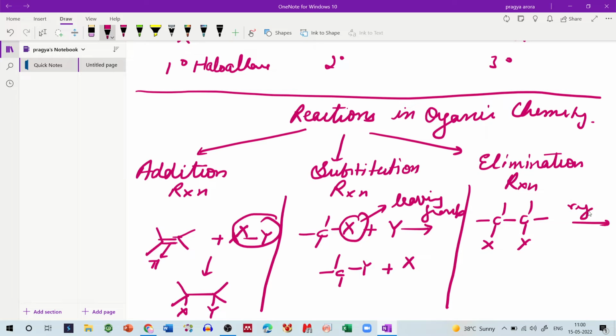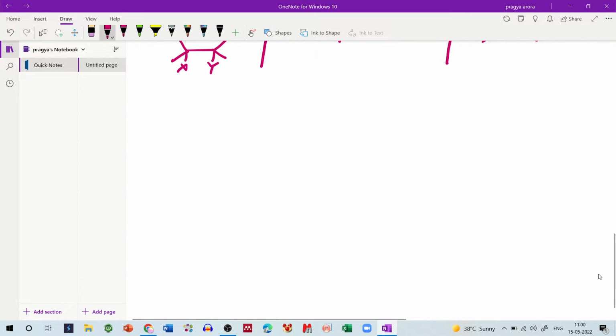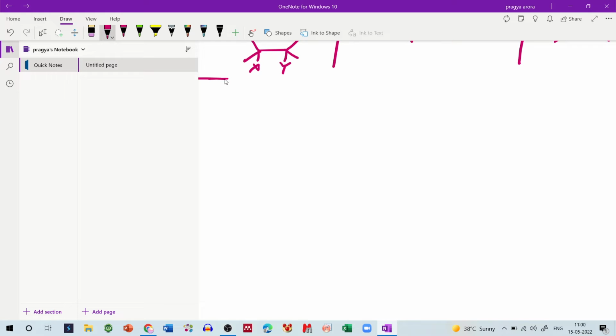Some reagent will be added to the reactant, which will cause the removal of this X and Y group, and there will be formation of a pi bond, an unsaturated bond, and XY will be released. So this is a very brief introduction to organic chemistry reactions, which includes addition, substitution, and elimination reactions.